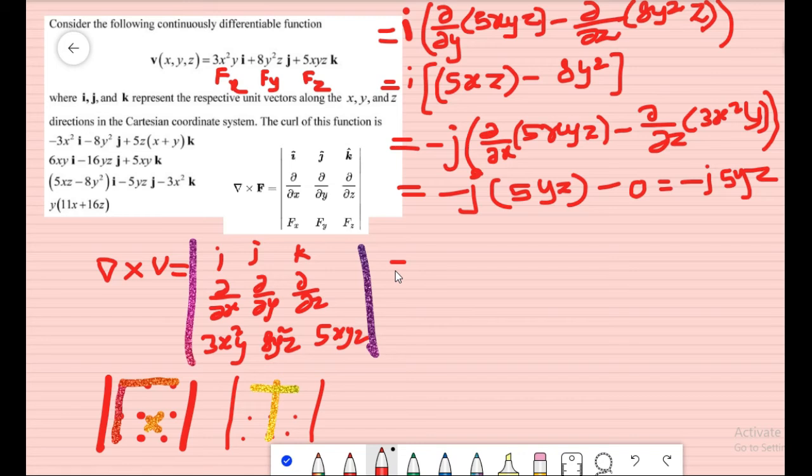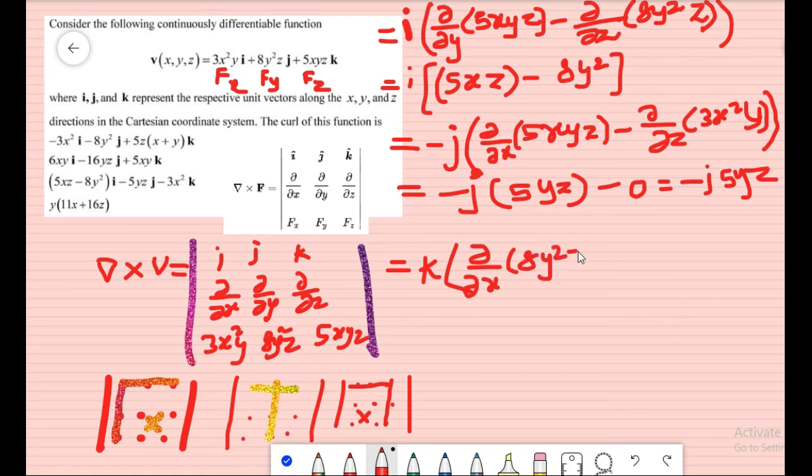Then the third term, k term. So for the third term, exclude the last column and the first column. Then we have to consider these 4. So here dou by dou x of 8y square z minus dou by dou y of 3x square y.